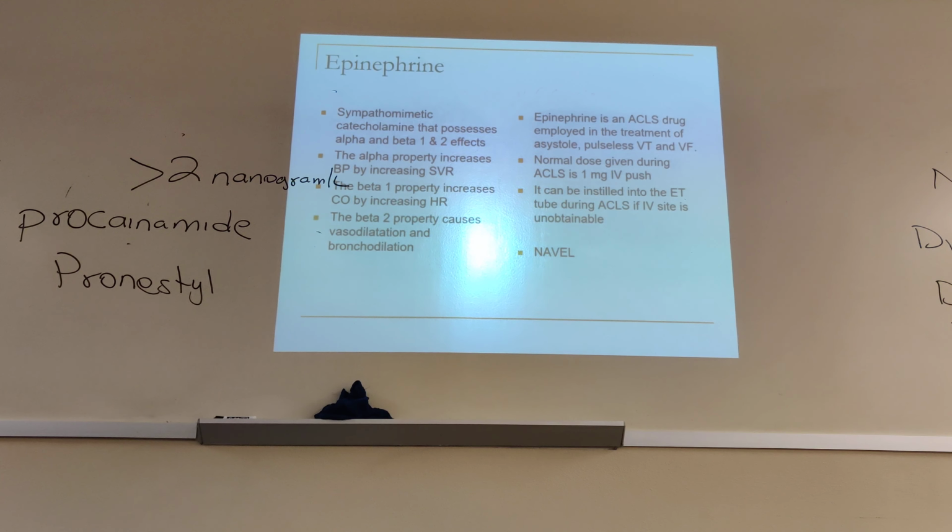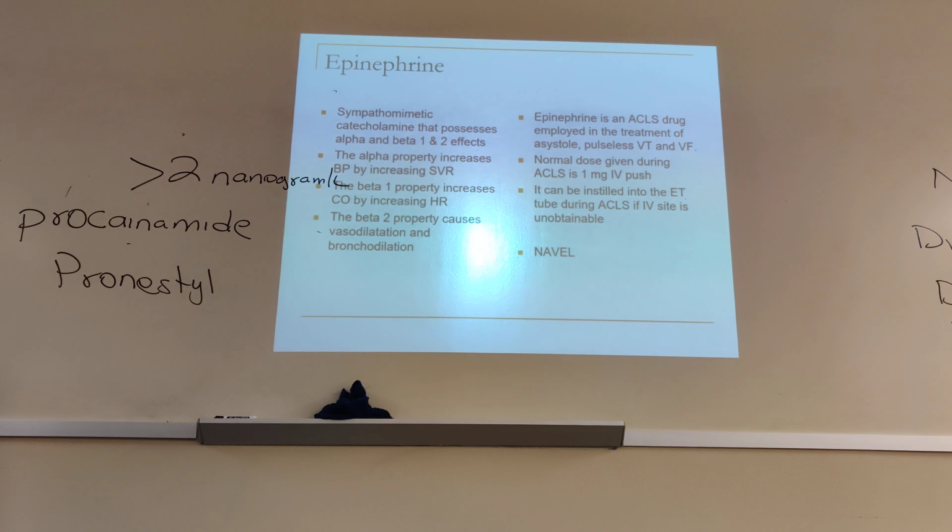All right, so beta 1 property increases cardiac output by increasing heart rate. Beta 2 property causes bronchodilation and vasodilation. Epinephrine is an ACLS drug, especially for pulseless VTach and VFib.